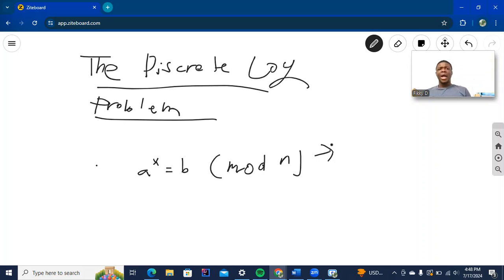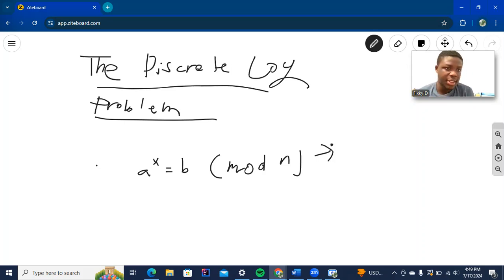Now this is asking how many times I have to multiply a by itself to get a certain remainder when divided by n. So you can see the disparity of difficulty reflected in translating the math question into words, and seeing how one is way less straightforward than the other. That's what the discrete logarithm problem is.